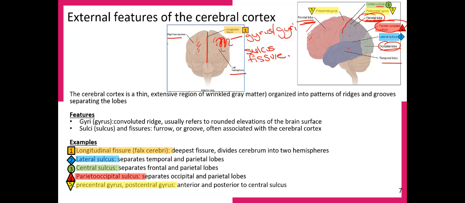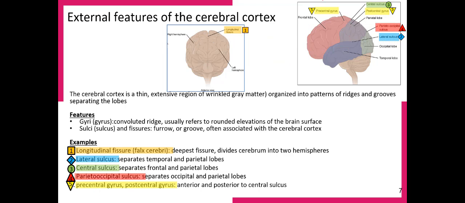All right. And then the two important gyri that I want to bring your attention to are the pre-central gyrus and the post-central gyrus. And again, if you know where the central sulcus is, the ridge immediately in front of the central sulcus is called the pre-central gyrus.